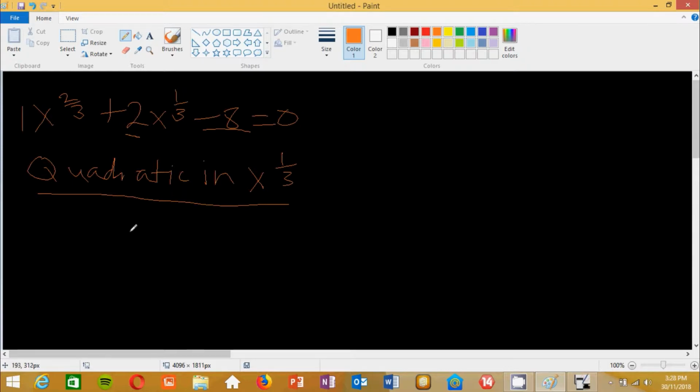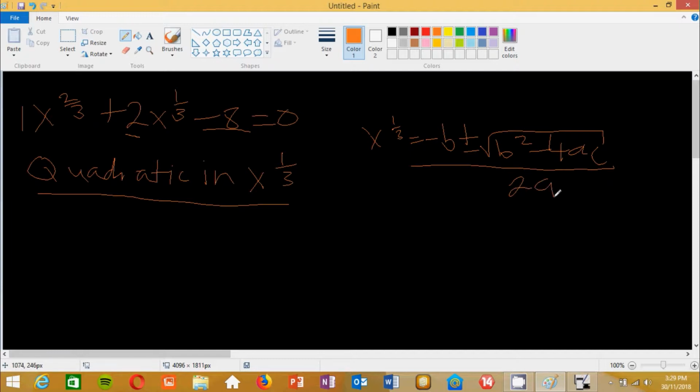Okay? Because this is a quadratic in x to the power 1 over 3, what that means is that x to the power 1 over 3 is equal to negative b plus or minus the square root of b squared minus 4ac over 2a.